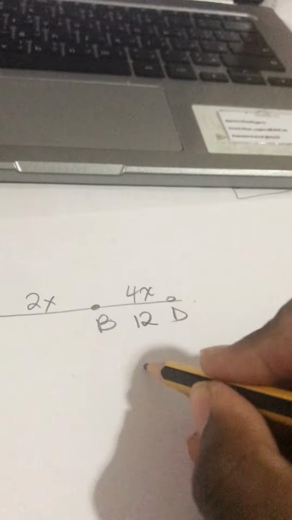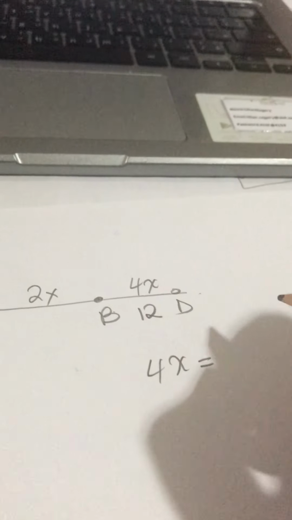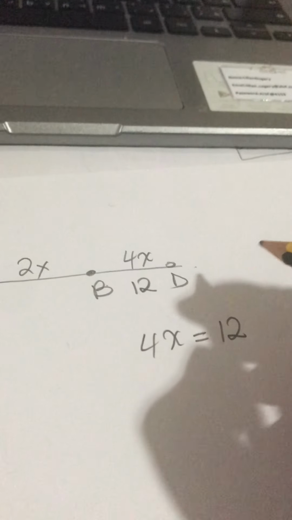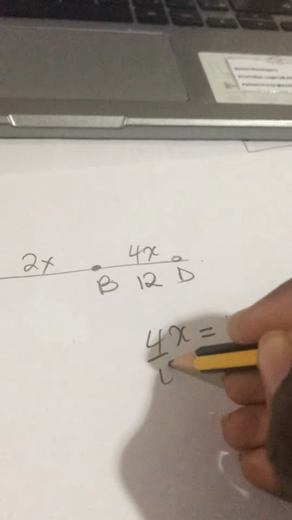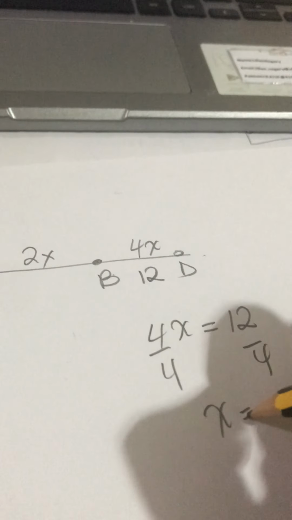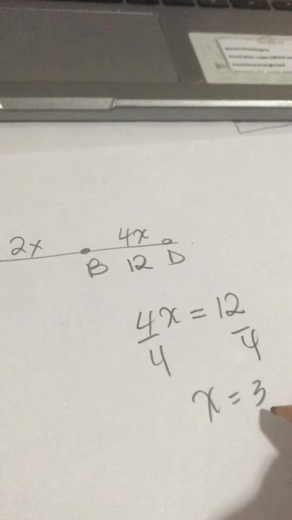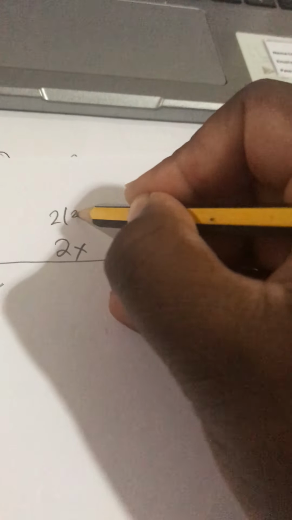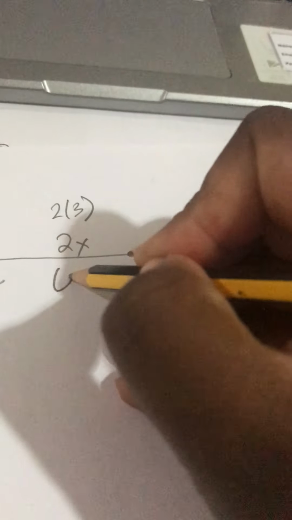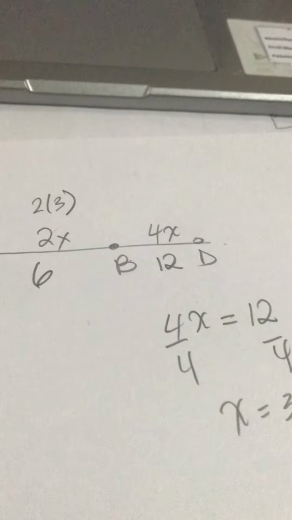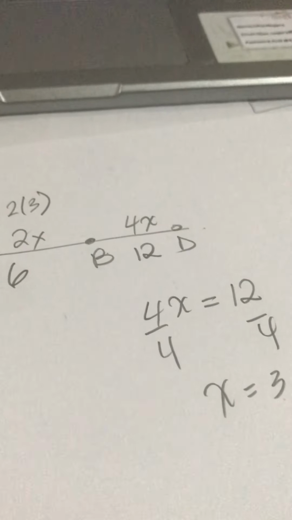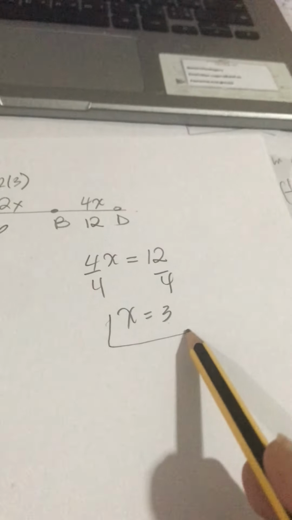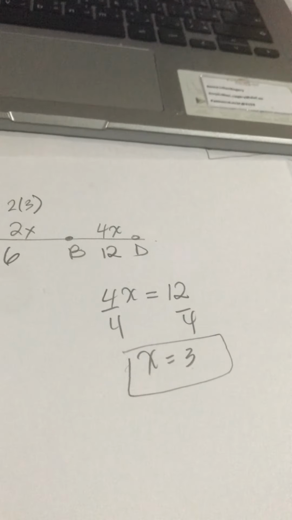So I will say 4x equals 12. Then divide both sides by 4. x is 3. If x is 3, then CB will be 2 times 3, and that will be 6. So this is 6. And that's how I did my work. The question asked me to find x. And there, I found x. That's my answer.